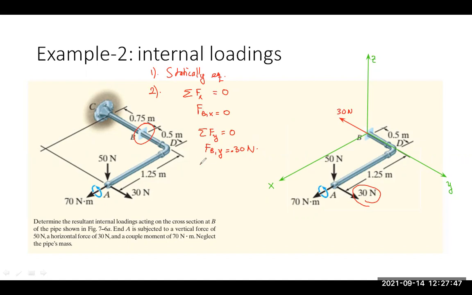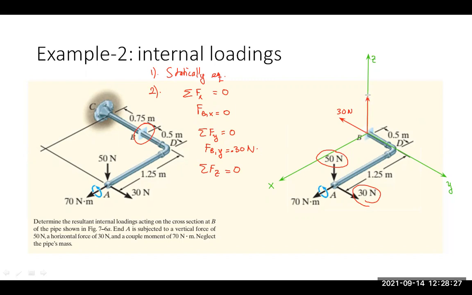Then next, sigma F in z direction is also equal to 0. The sum of forces in z direction must be equal to 0 in order to maintain statically equilibrium condition. And we observe here that we have the external force of 50 Newton acting in the minus z direction. So we will have the reaction force here to balance this force in the opposite direction.